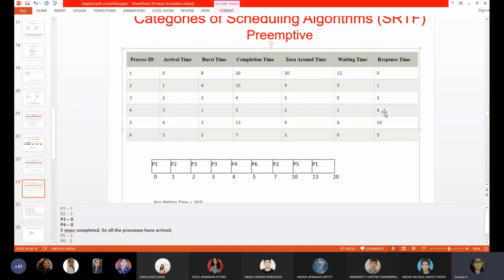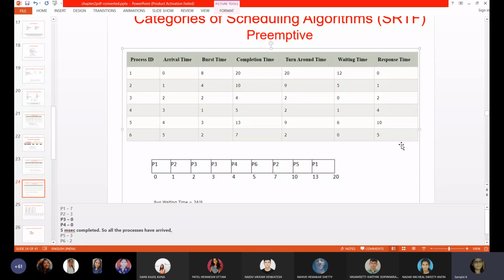Process P4, in the 4th millisecond, first started to use the CPU. Process P5 started to use the CPU in the 10th millisecond. Process P6 started in the 5th millisecond. This is the response time.